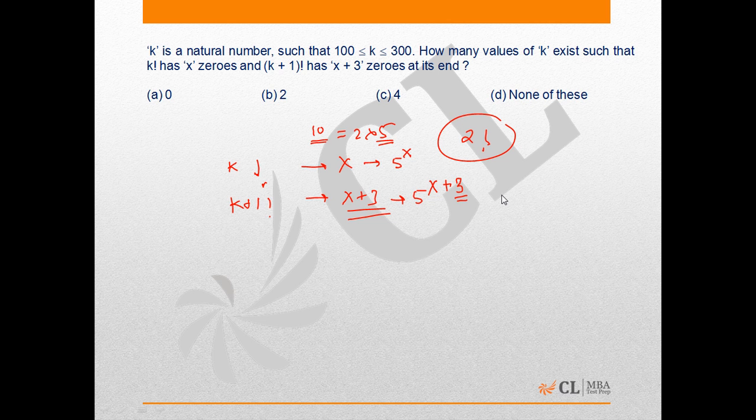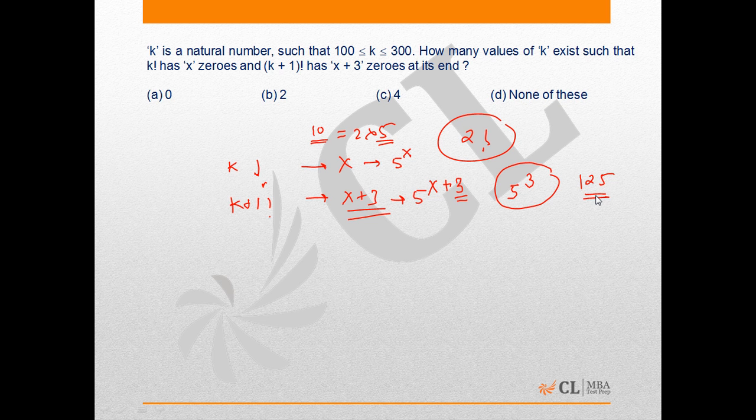So the additional quantity that we have here is 5 raised to power 3, which is 125.